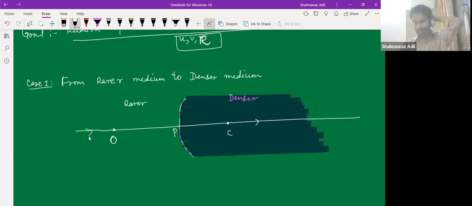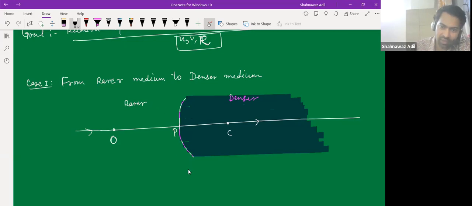So can you guys tell me what kind of surface is this? What kind of refracting surface is this? Concave or convex one? Convex. Convex, right? So this is a convex refracting surface, because this in the rarer medium, this surface is convex, right?